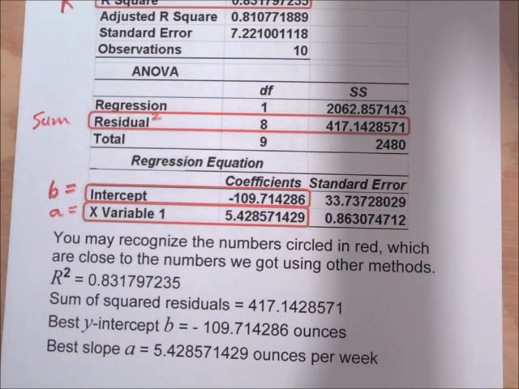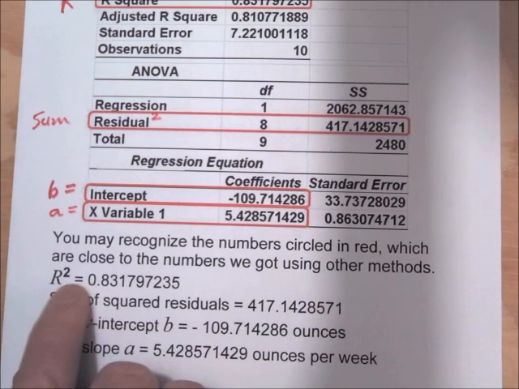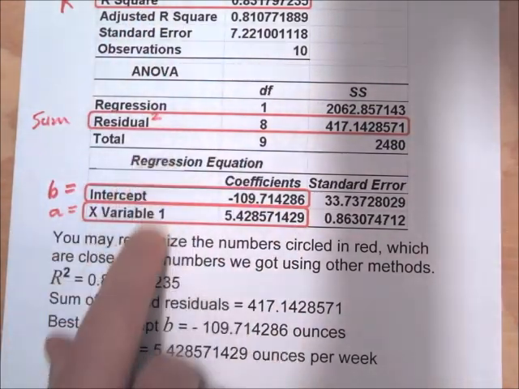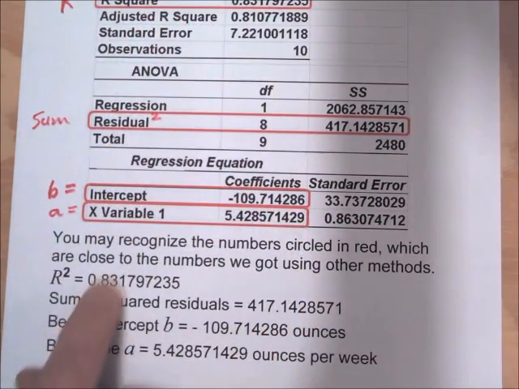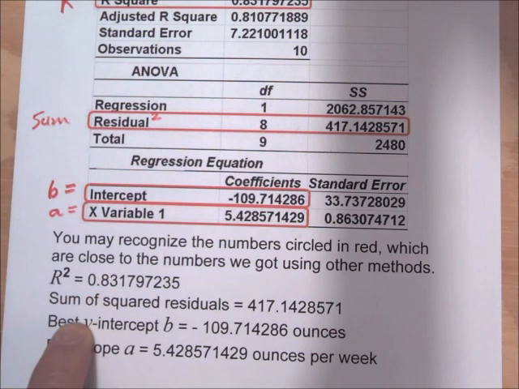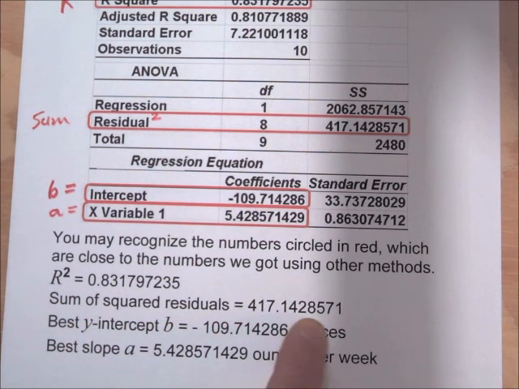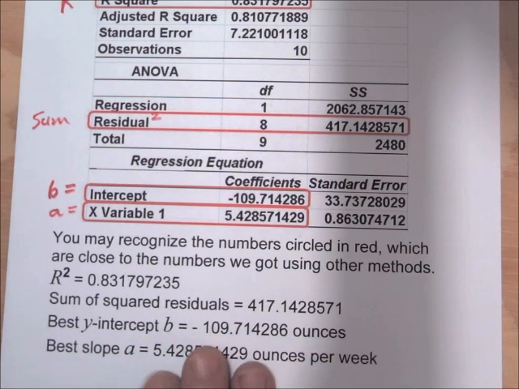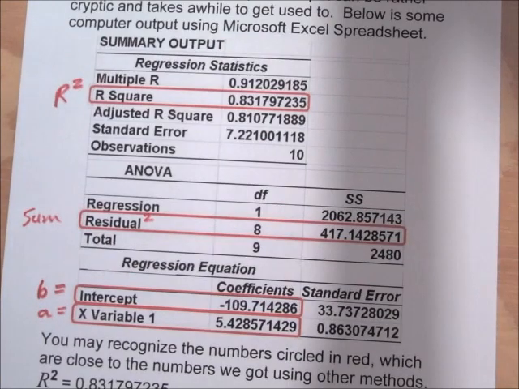Sometimes the computer output's a little bit cryptic, so it takes a little bit of getting used to, but looking at this output, we can identify R squared, we can identify the sum of squared residuals, we can identify the best y-intercept and identify the best slope.